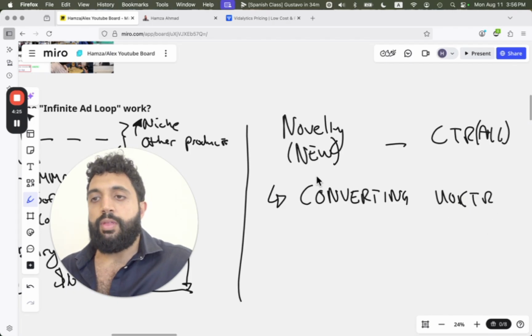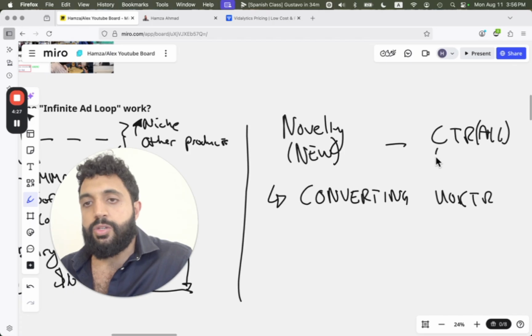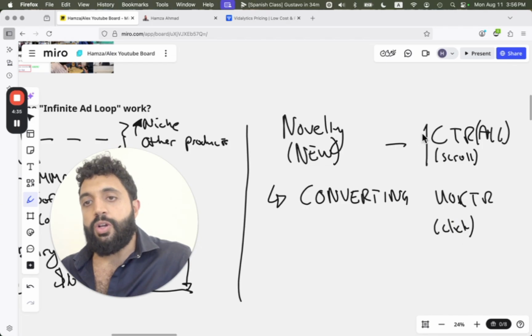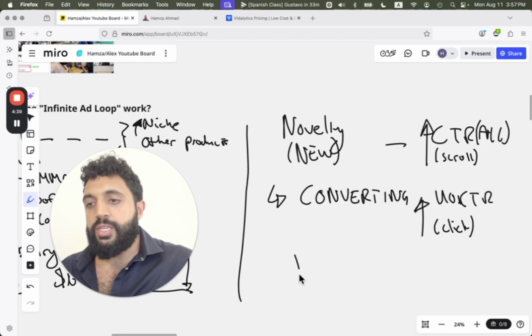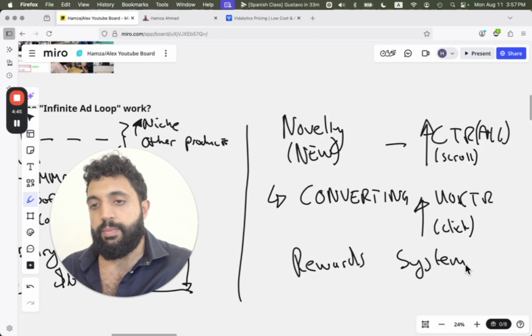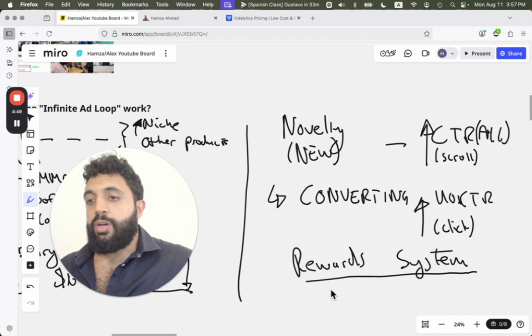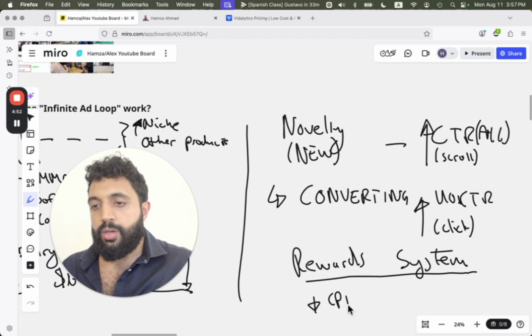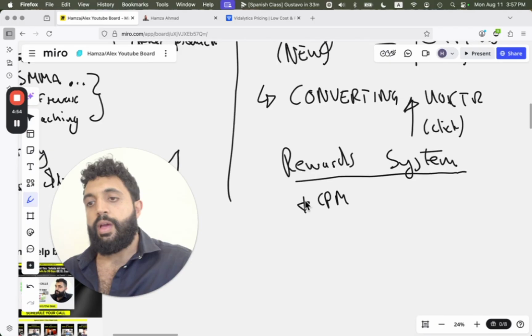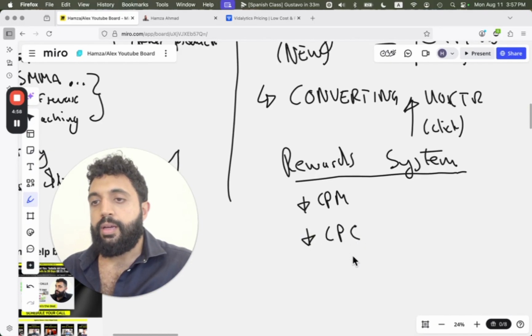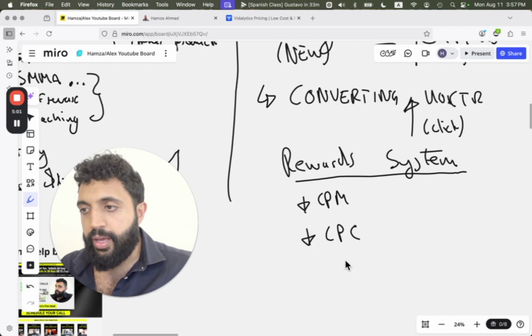And so this ultimately speaks to stopping the scroll. This ultimately speaks to getting the click. If these metrics are high, then you get to exploit Facebook's reward system. Facebook's reward system is basically it giving you lower cost per 1,000 views and a lower cost per click, and ultimately favoring you in the bidding process.